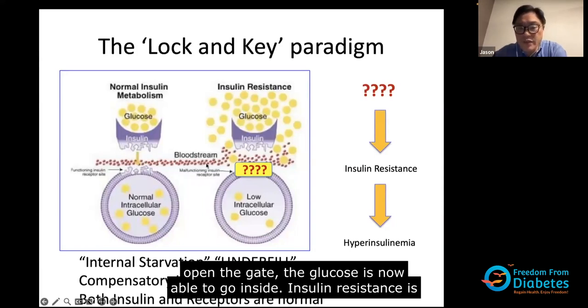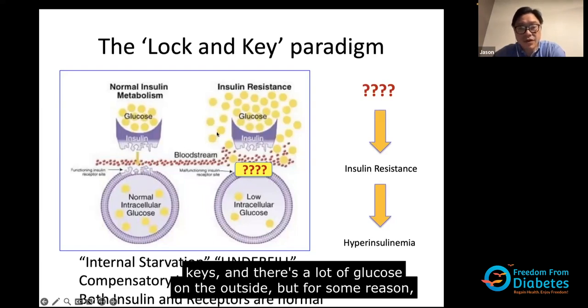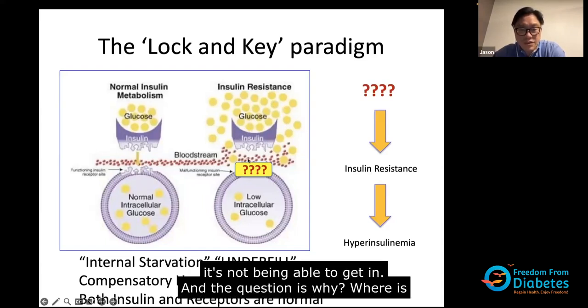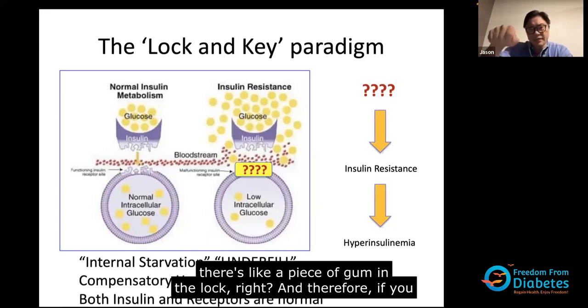Insulin resistance is where you see that there's the normal key, which is the insulin, plenty of keys, and there's a lot of glucose on the outside, but for some reason, it's not able to get in. And the question is why? Where is this malfunction? The idea is that insulin resistance is something like maybe there's a piece of gum in the lock, right?